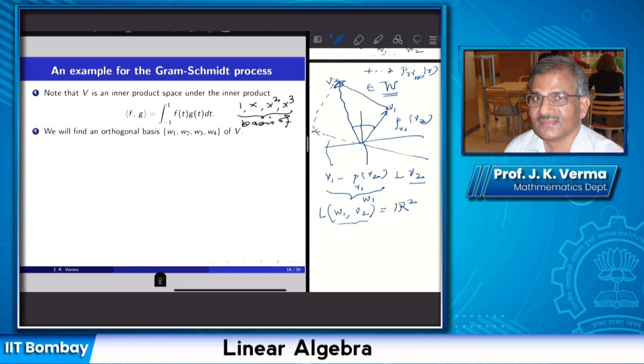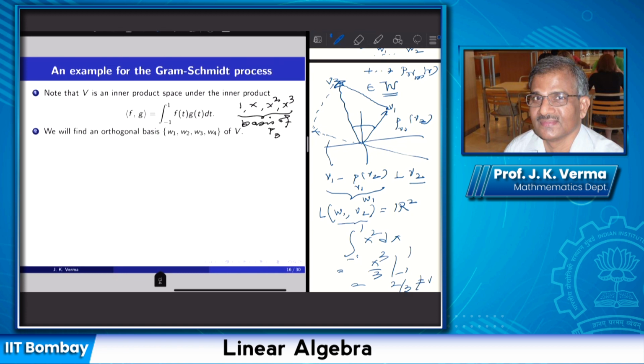This is a basis of polynomials of degree at most 3, right? But you see, when I take the inner product of 1 and x, it gives me 0, but the inner product of 1 and x square is the integral, which is equal to x cube over 3 from -1 to 1, and that is 2 over 3.